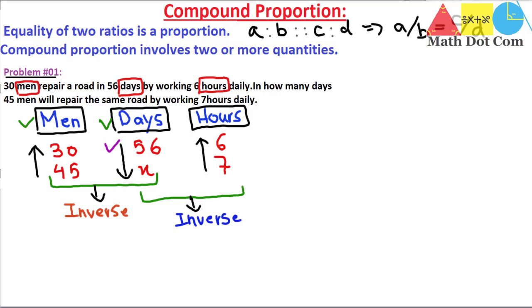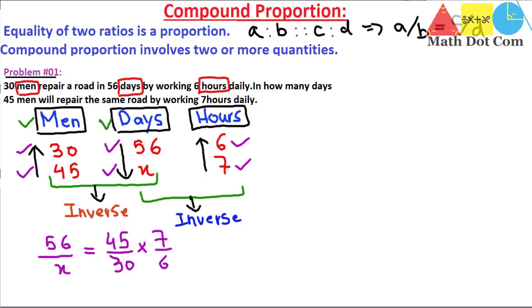So we write first 56 divided by X. Then the equality sign. Then we write the men and then the hours, and again we write the value at the tail of the arrow in the numerator, that is 45 divided by 30, and then the multiplication sign, and again first the value at the tail of the arrow, that is 7 divided by 6. Now we have to simplify it.